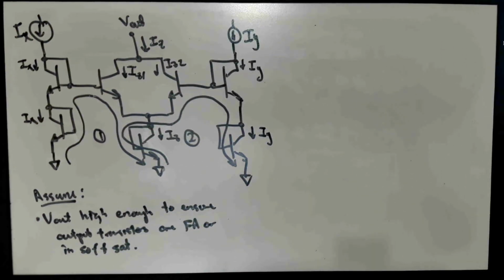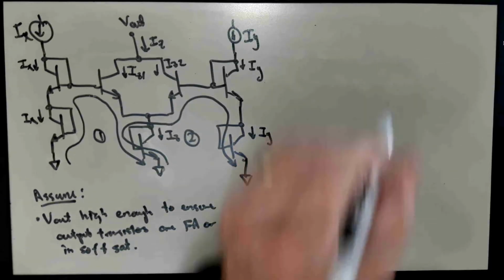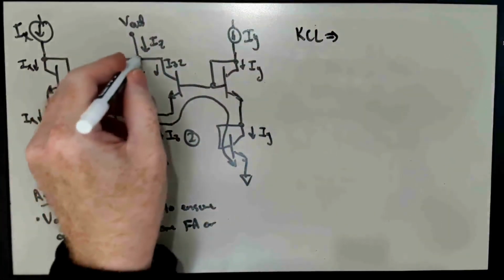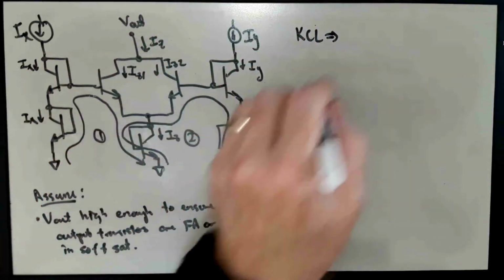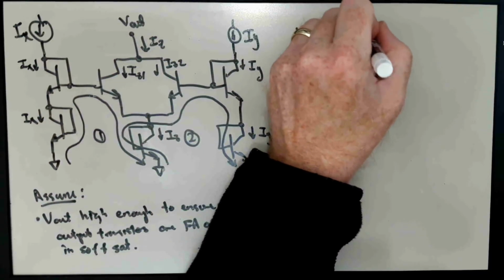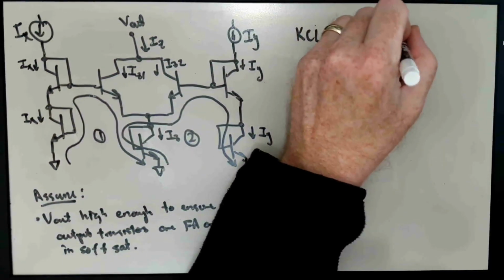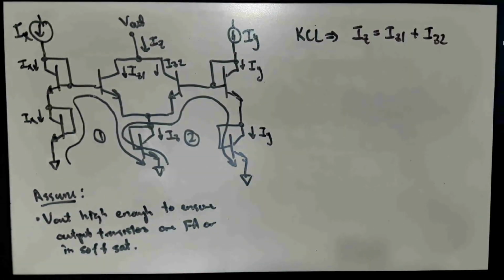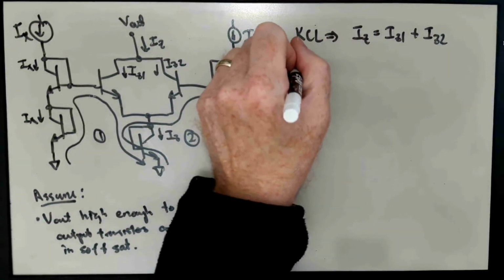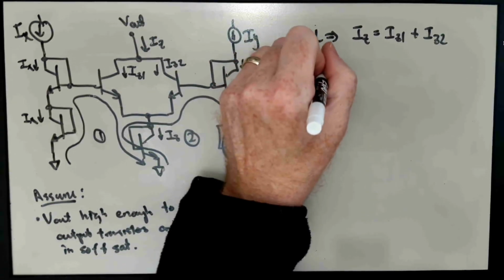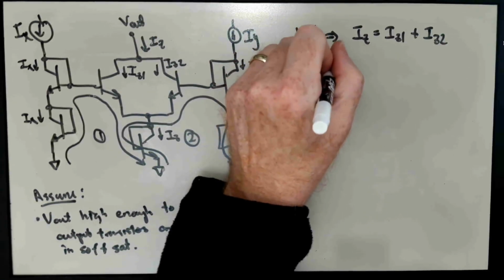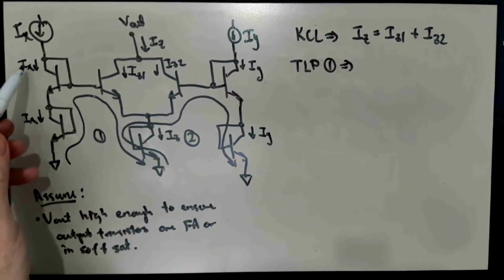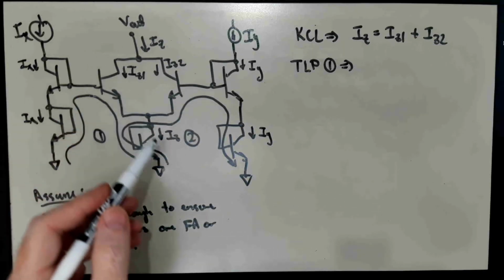And so we know basically 3 things. We know from KCL, applied at the output node or at this common emitter node, that IZ, the output current, is equal to IZ1 plus IZ2. And we know from the first translinear principle, applied around this loop, that IX times IX is equal to IZ1 times IZ.